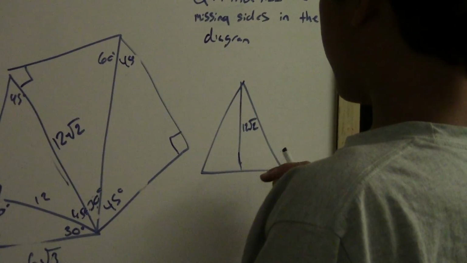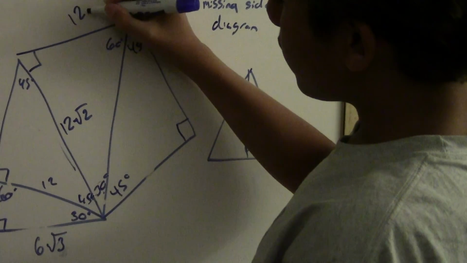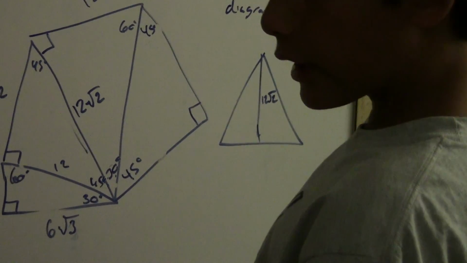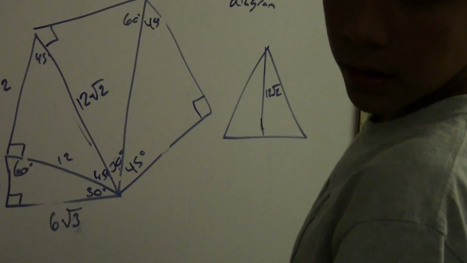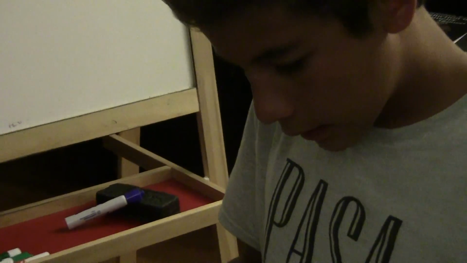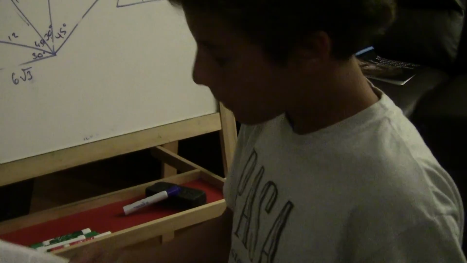Now, what is that times the square root of 3? That is 12 times the square root of 6, because when we multiply that, that is how it is. But just to double check, yeah, the problem is in the book, and I need to do some simplifying real quick.